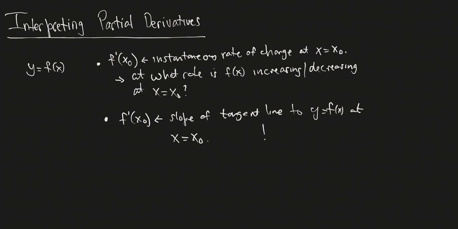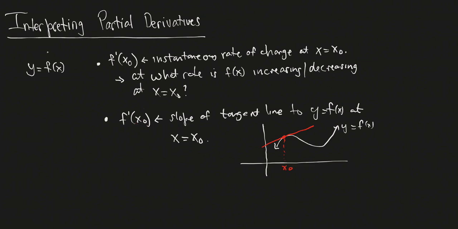So we know the familiar picture. You have your graph, as long as it's nice and smooth, so no sharp corners, at least where I want to have the tangent line. Let's say I want to have the tangent line right here. That would be my x0, and the slope of that line is given by this number.